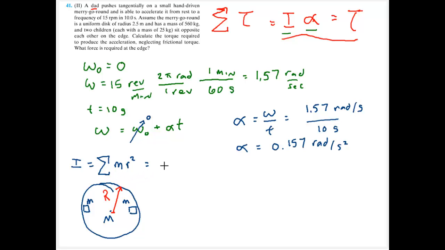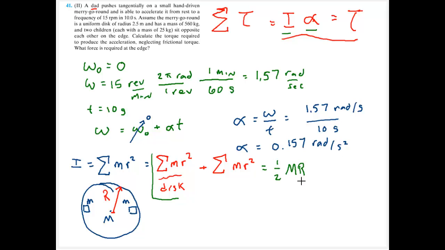What I can do is I can break this sum up to represent the disk, so mr squared. So I'm going to say this is of my disk, or my merry-go-round, and now I'm going to have the children. I'm just going to pull them off to the side here. The reason why I'm doing that is because I can go ahead and look that up. That's going to be 1/2 mass of the disk multiplied by the radius of the disk, or in this case merry-go-round, and that's going to be radius squared.